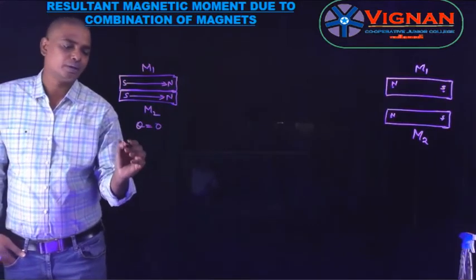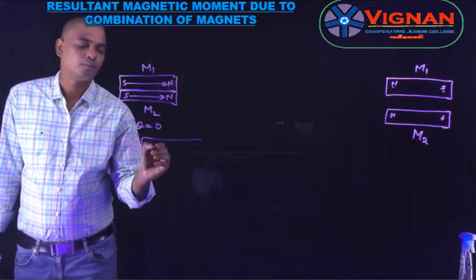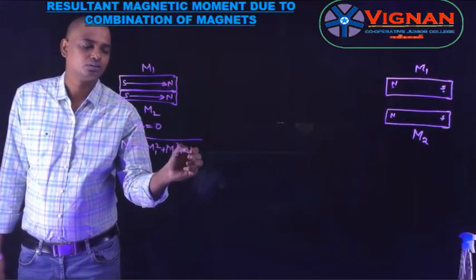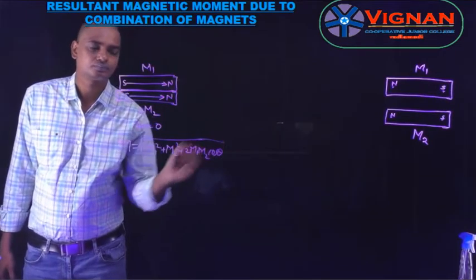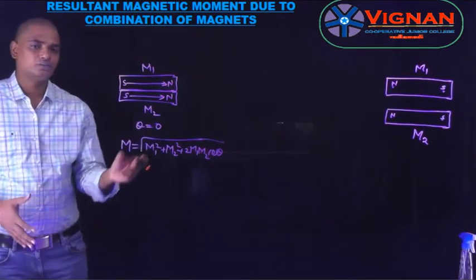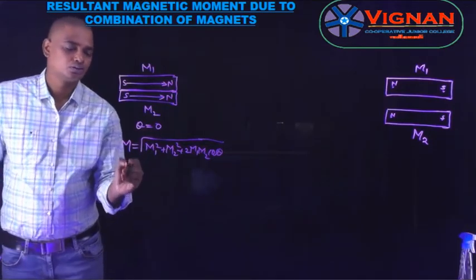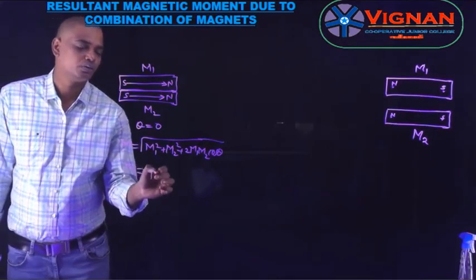So the resultant magnetic moment M is equal to, by substituting in the formula, root over m1 square plus m2 square plus 2m1 m2 cos theta. What happens if we substitute theta is equal to 0? I have solved this in our previous problem. So M is equal to, I'm directly writing the answer, m1 plus m2.